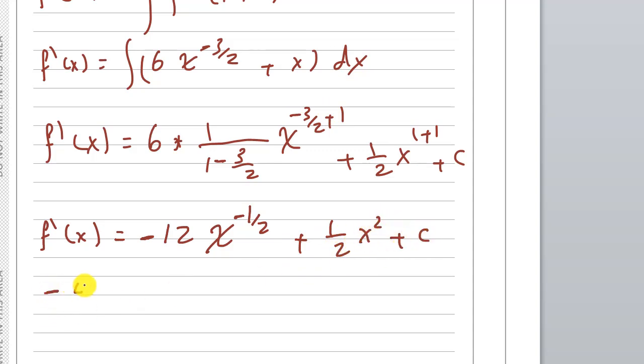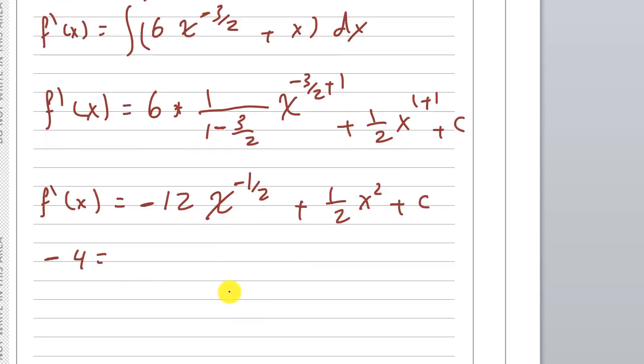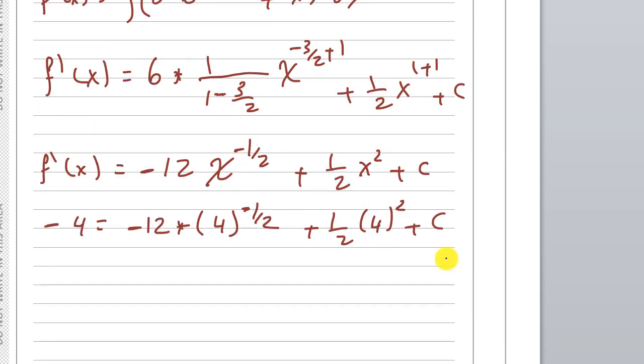So minus 4 is equal, because f dash of x is minus 4, at x equal to 4, minus 12 multiplied by 4 minus half plus half 4 squared plus c.